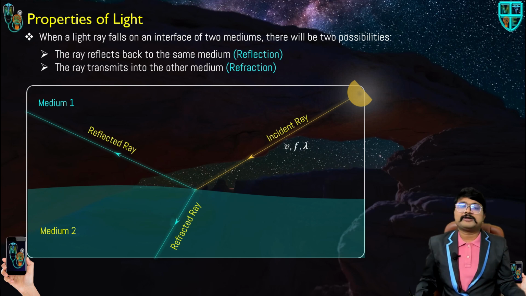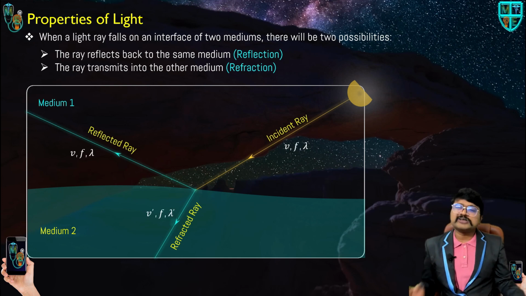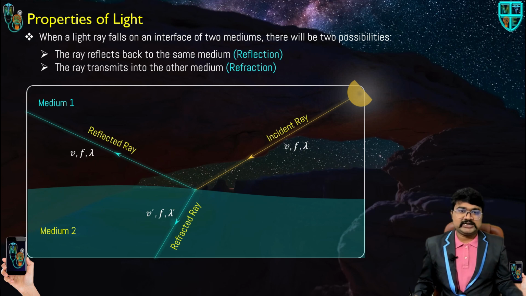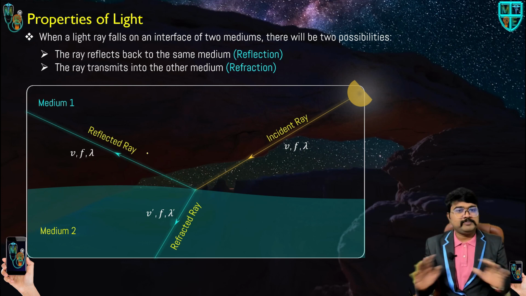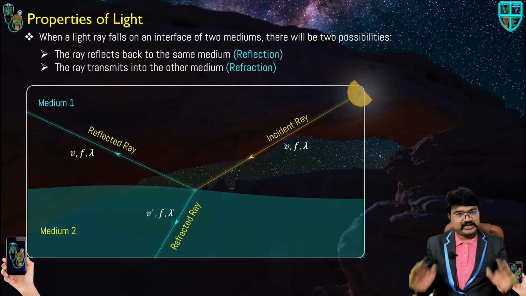So here the other medium is one of the important topics. Because of that, the velocity of the light and the wavelength of the refracted light will be different. Understood? The velocity of the incident ray and the velocity of the reflected ray will both be the same. Frequency is the same for all the rays.